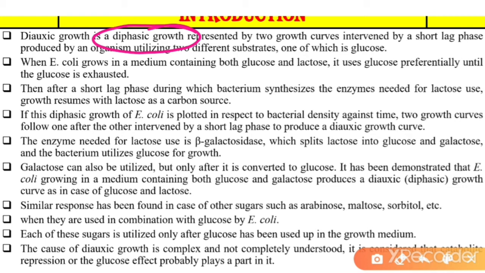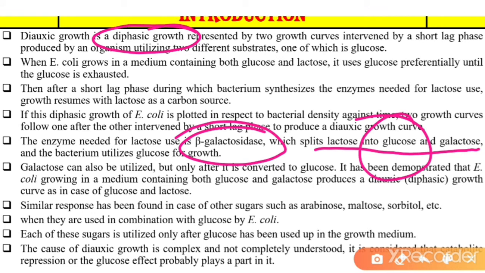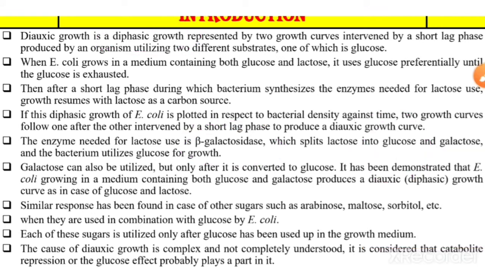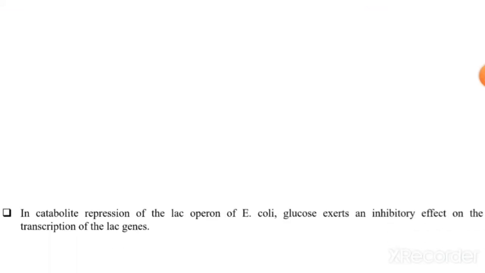But lactose is not utilized by Escherichia coli as readily as glucose. First Escherichia coli will synthesize the enzyme known as beta-galactosidase, and this enzyme splits lactose into glucose and galactose. Then Escherichia coli will utilize the glucose, and they will give the diauxic growth curve.